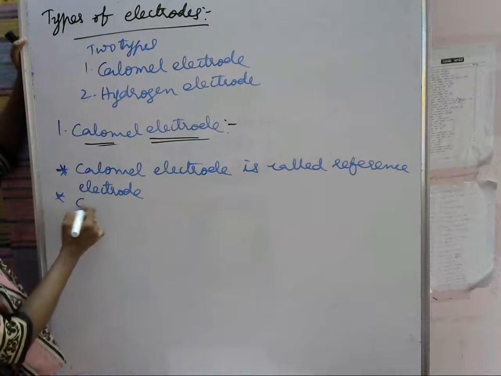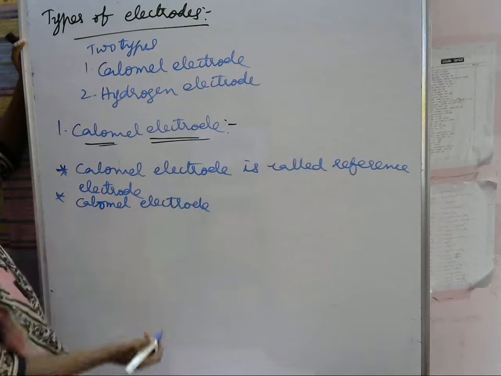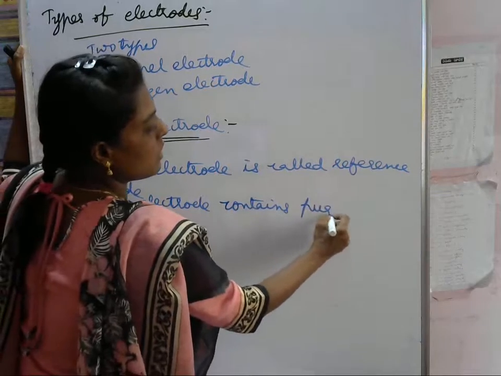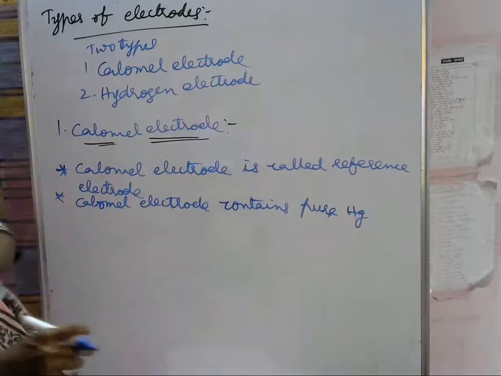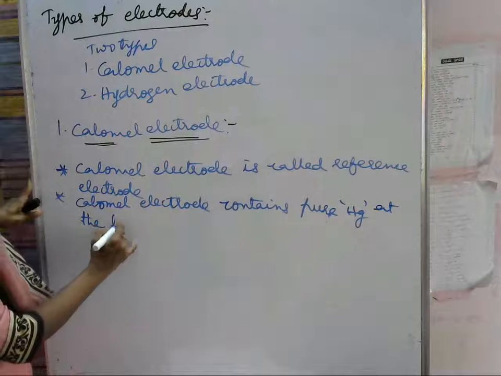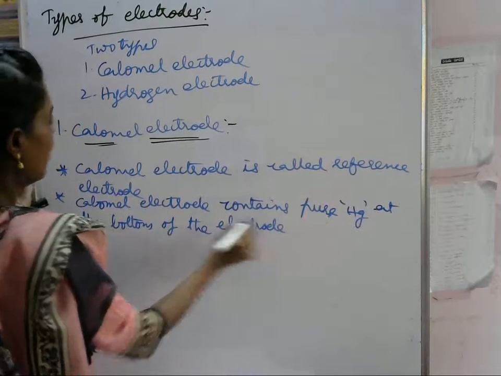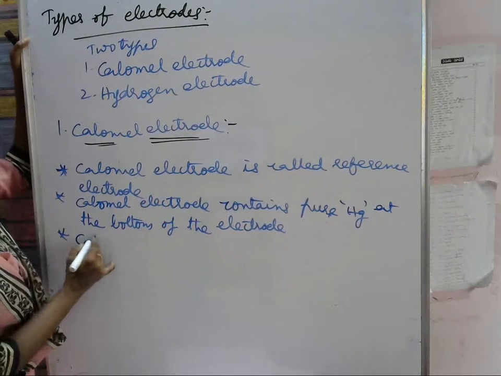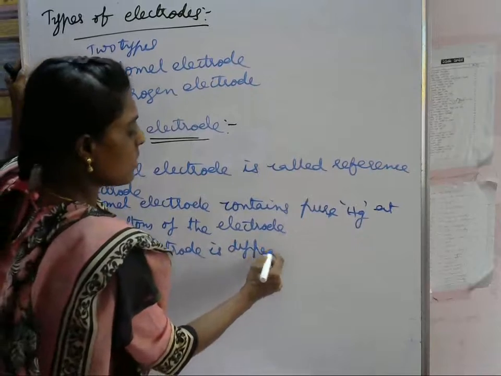Okay, so this calomel electrode contains pure Hg, Hg meaning mercury, at the bottom of the electrode. And it is dipped in KCl solution.